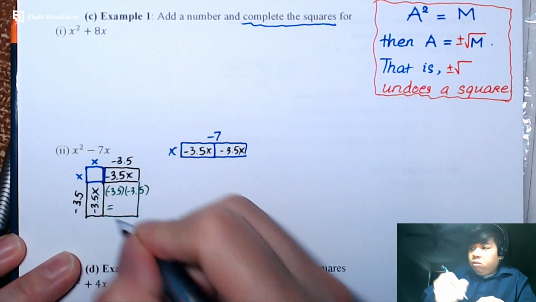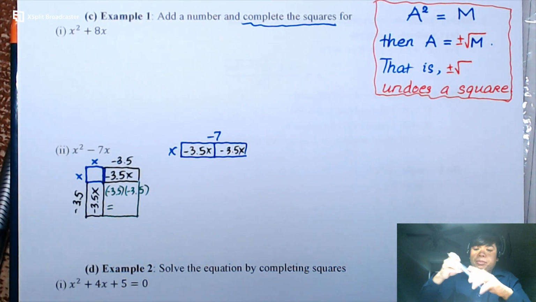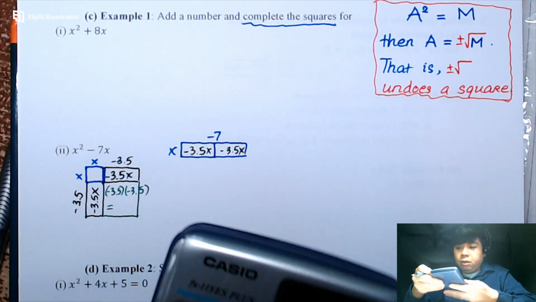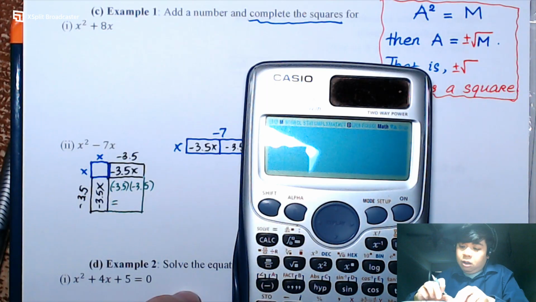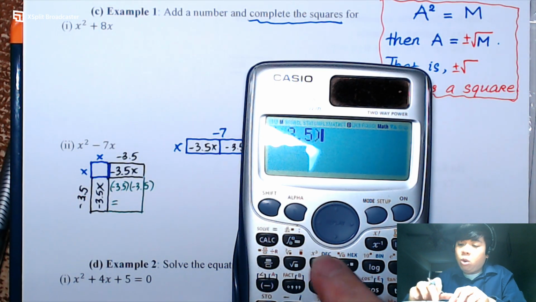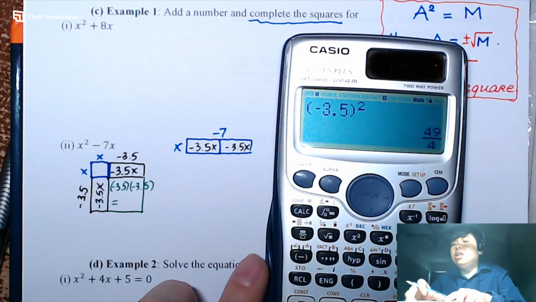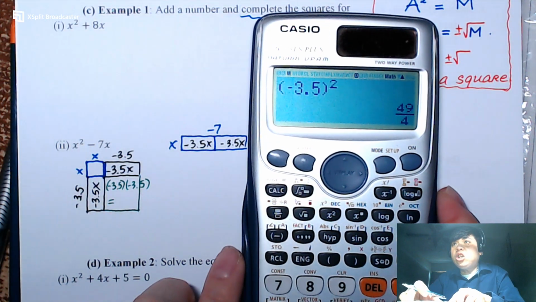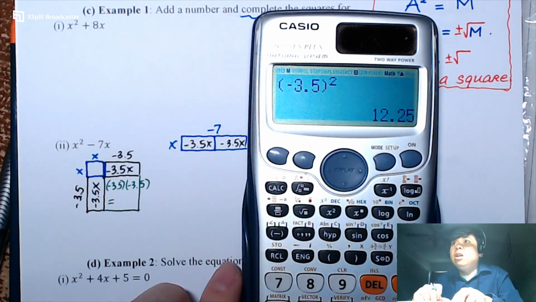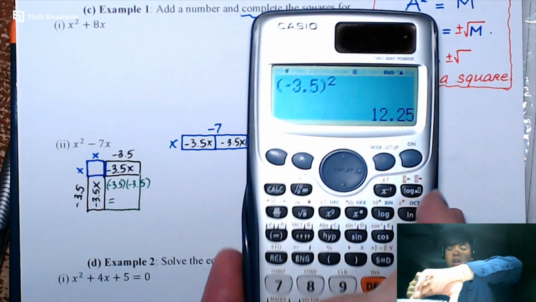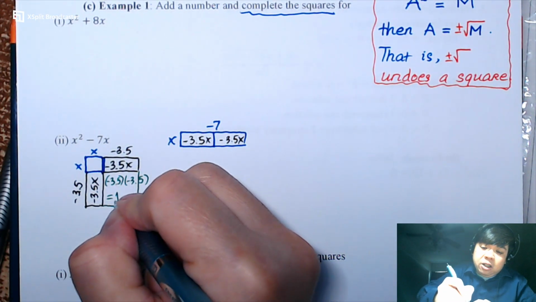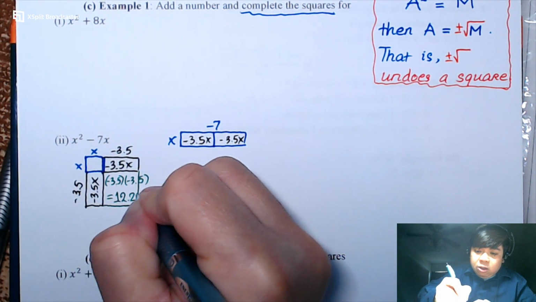And we do that. Negative 3.5 squared, and that is 49/4. It's a fraction. If we want a decimal, 12.25. Let's just use decimal here. 12.25.